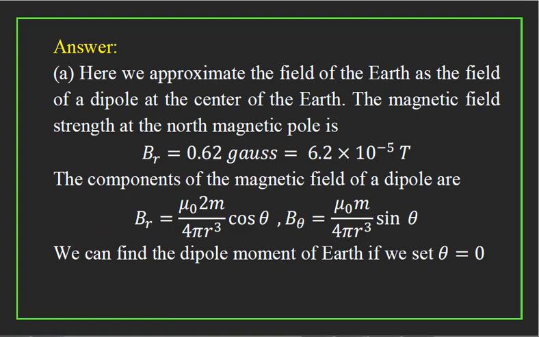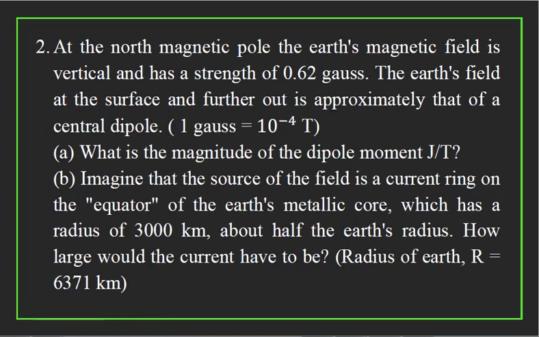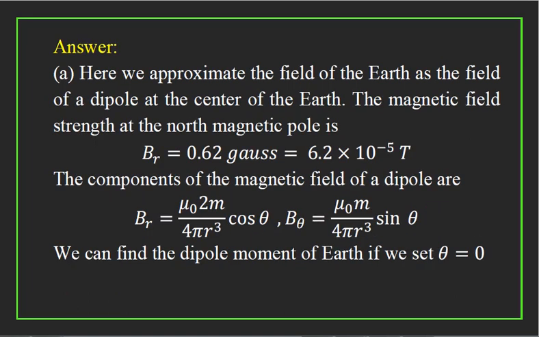Here, for finding the magnitude of the dipole moment, we approximate the field of the Earth as the field of a dipole at the center of the Earth. The magnetic field at the north pole of the Earth is given as 0.62 Gauss, that is 6.2 into 10 raised to minus 5 Tesla in the SI system.